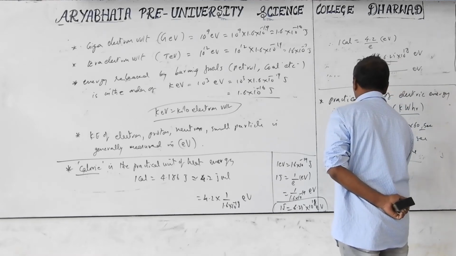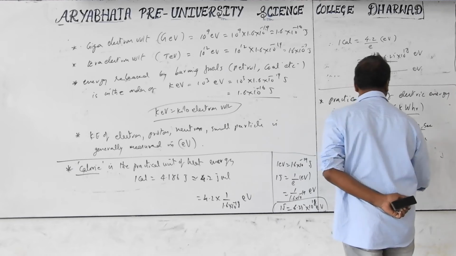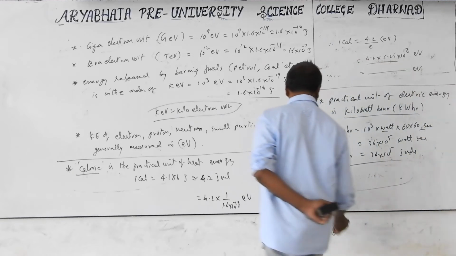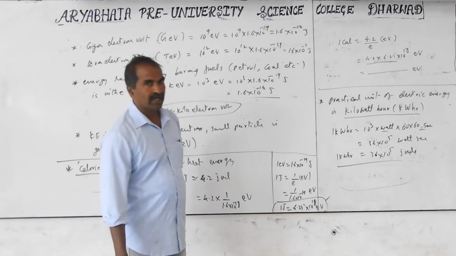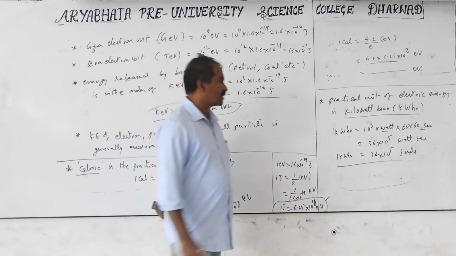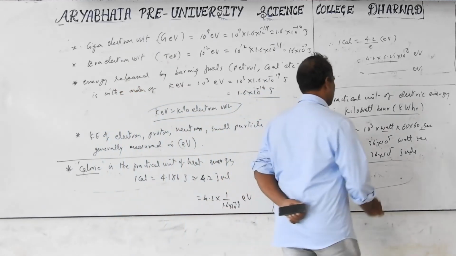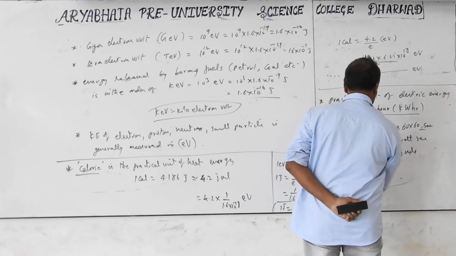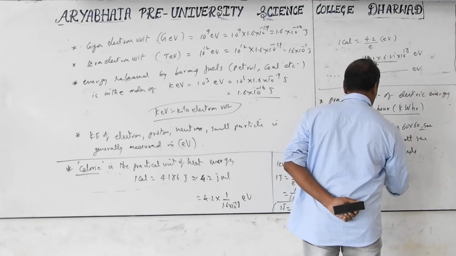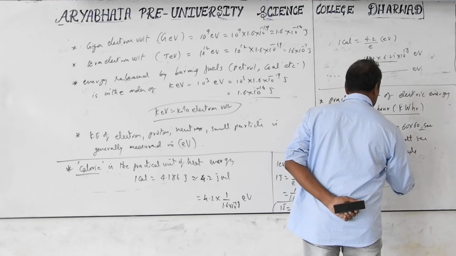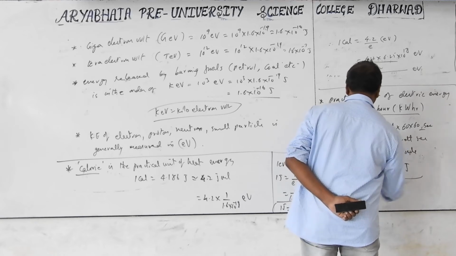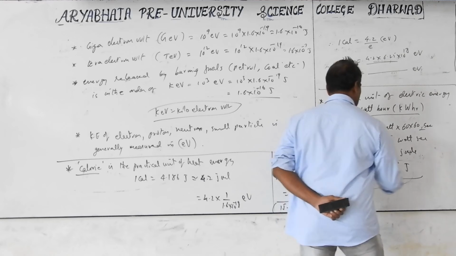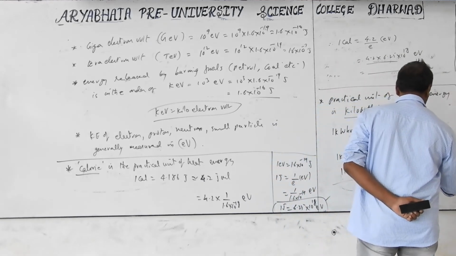This is the value of 1 kilowatt hour. Generally it is written as 3.6 into 10 to the power of 6 joules. That is 1 kilowatt hour, the electric energy.